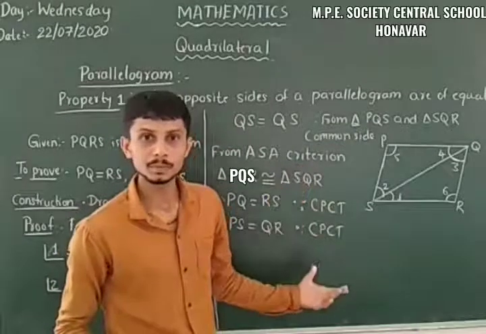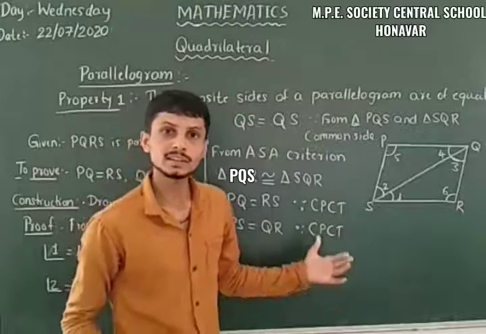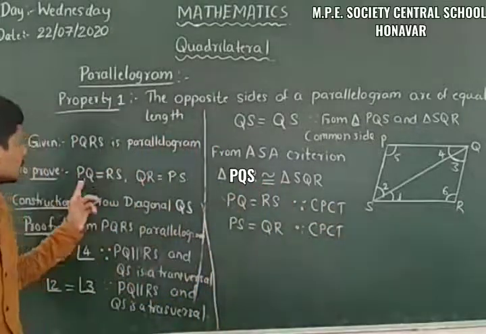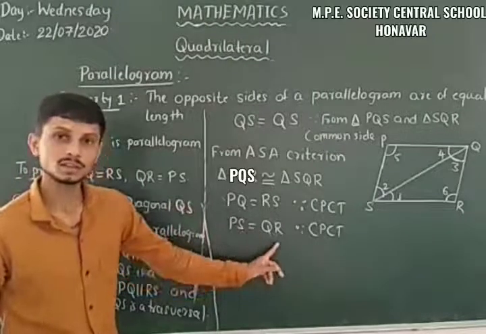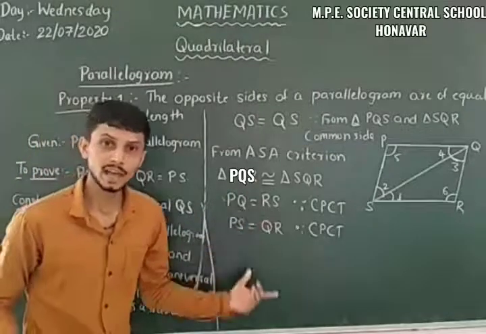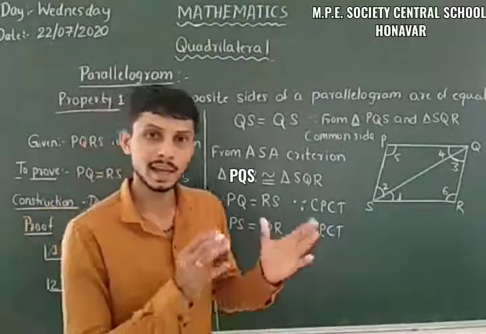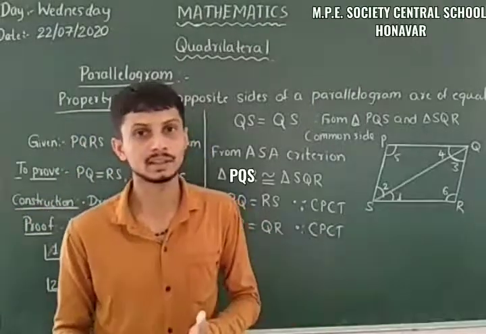So hence the proof, because we have to prove that PQ is equal to RS and QR is equal to PS. This is done with the help of the ASA criterion, that is the angle side angle criterion.